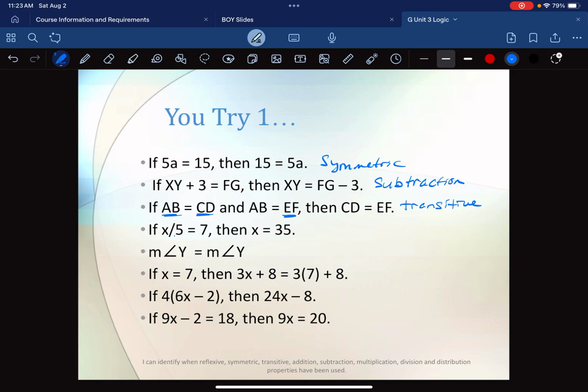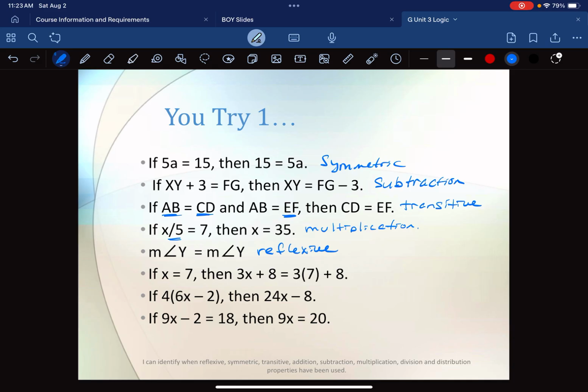What step did they take to get x divided by 5 equals 7 to be x equals 35? Well, the x is now alone. How could I get rid of this 5? Well, it's connected with a division sign, so you could multiply by 5 on both sides, and that's what they've done. They've multiplied. Okay. The measure of angle y is equal to the measure of angle y. Well, that's kind of a silly statement, but it's the reflexive property, right? You're comparing one thing to itself.